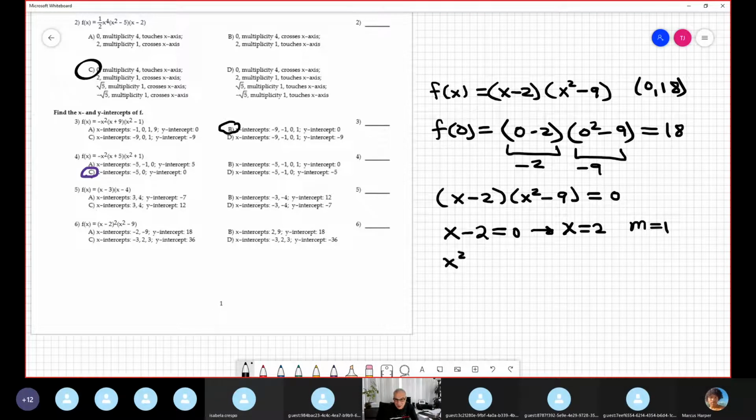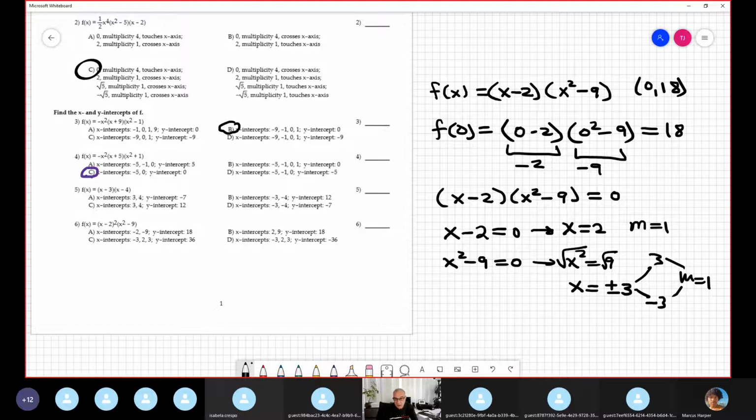And finally, x squared minus 9 equals 0. This is a quadratic equation. The first one is linear, one solution. In this case, the quadratic has 2 solutions, no? That is x squared equals 9, square root both sides, x is equal to plus or minus 3. In this case, both positive 3 and negative 3 are multiplicity 1.